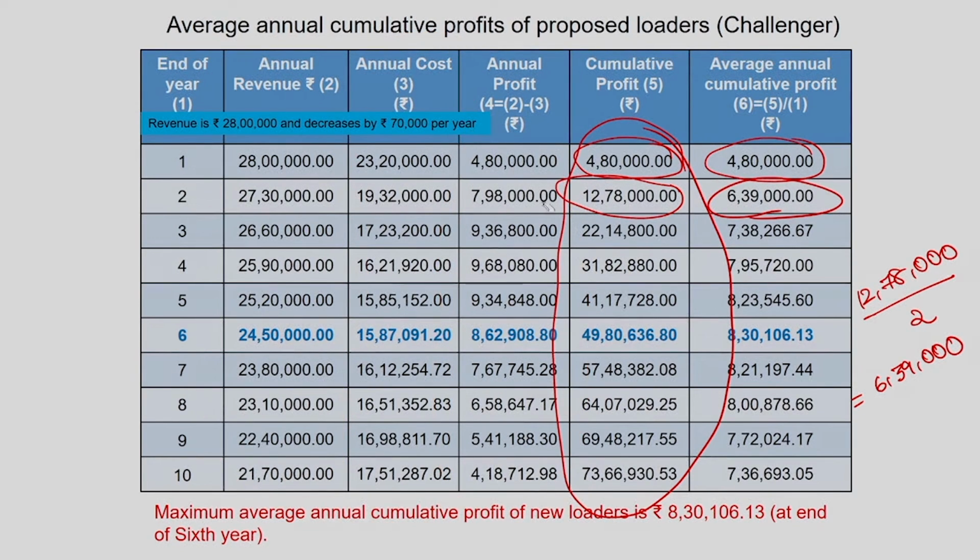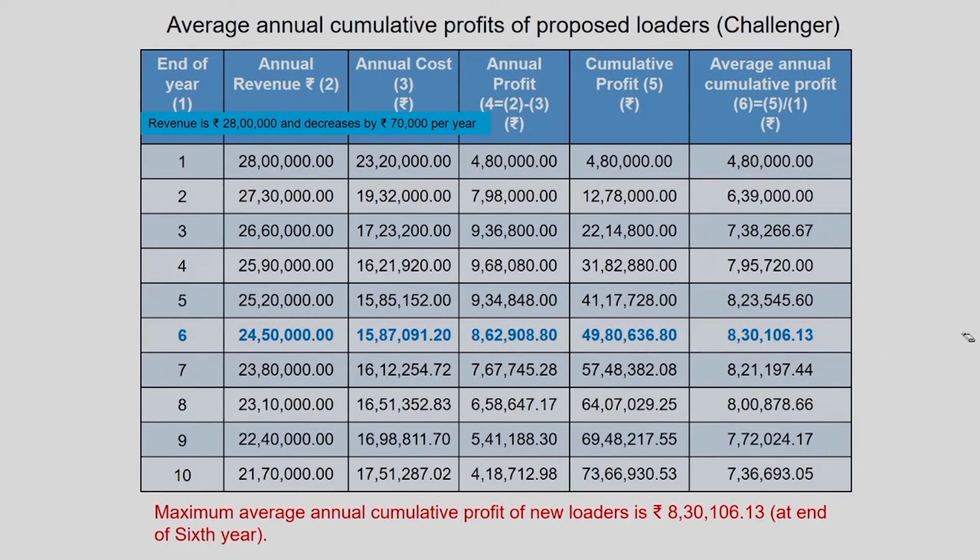So now you can again determine the economic life for your proposed loader. For the proposed loader, you can see the profit is increasing with time. Okay, so you are getting a trend like this. Your profit is increasing, and at a particular point it reaches the maximum. Then again it starts reducing with the age of the machine.